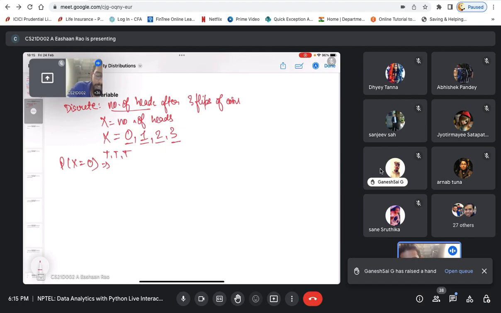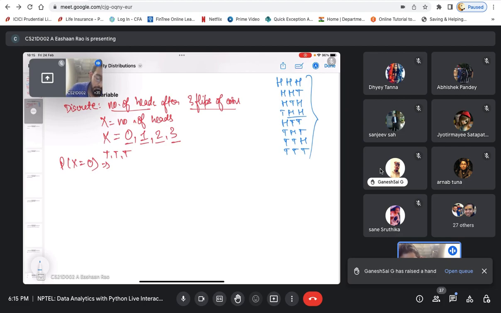So I'm quickly writing the sample space for 3 flips of coins on the side: HHH, HHT, HTH, THH, HTT, THT, TTH, and TTT. That is 8. These are the normal typical sample space.